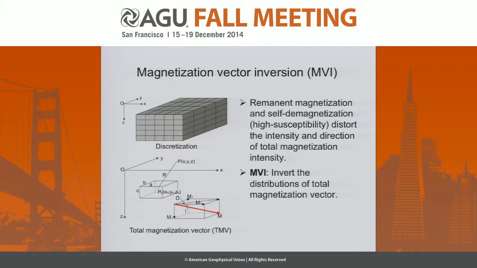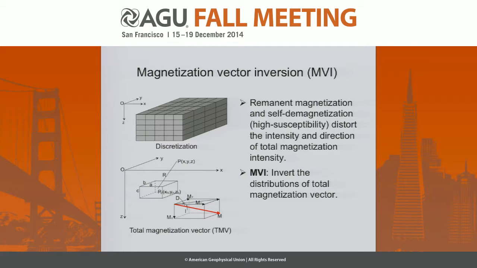Okay, thank you. As we know, the typical inversion for magnetic data is to invert the distribution of susceptibility, and the direction of magnetization is assumed to lie in the geomagnetic field.